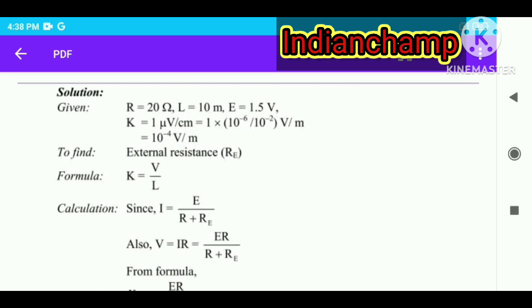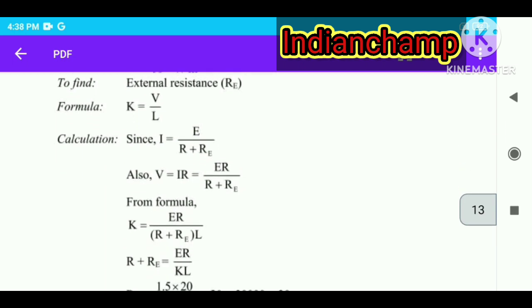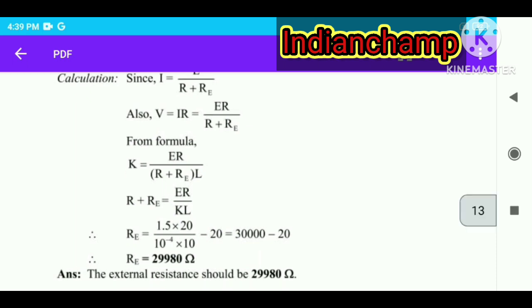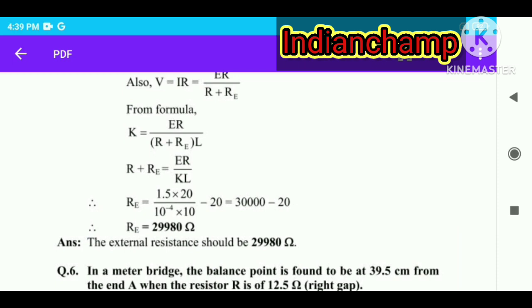To find the external resistance RE, formula K is equal to V divided by L. Calculation. Since I is equal to E divided by R plus RE, also V is equal to IR is equal to ER divided by R plus RE. From the formula, K is equal to ER divided by (R plus RE) into L. R plus RE is equal to ER divided by KL.